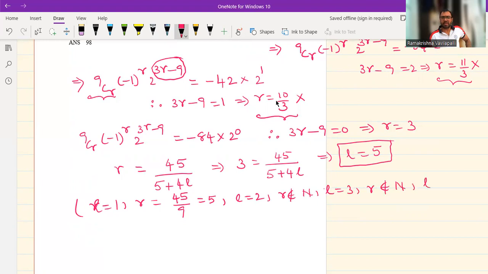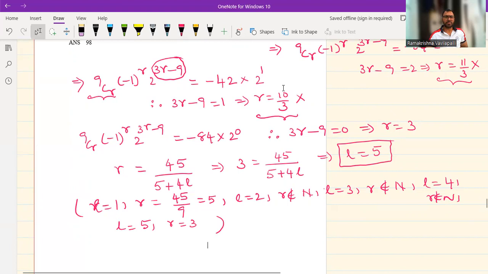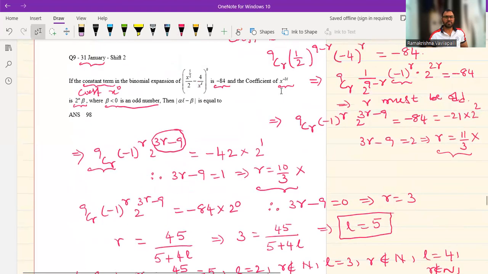For L equal to 4, R is not an integer because 16 plus 5 is 21. For L equal to 5, R equal to 3. Like this, we can verify it. Now what else is remaining? Go back to the question. The coefficient of x to the power of minus 3L we want to find out.